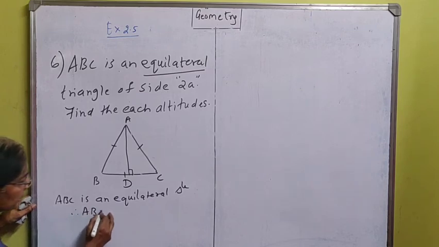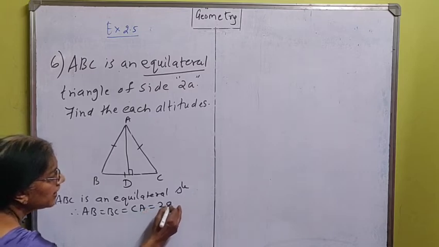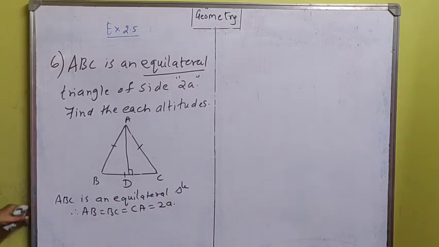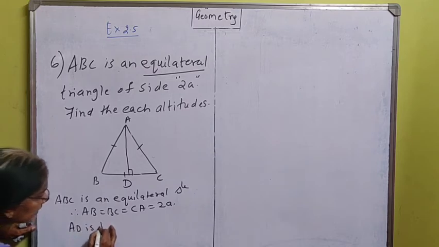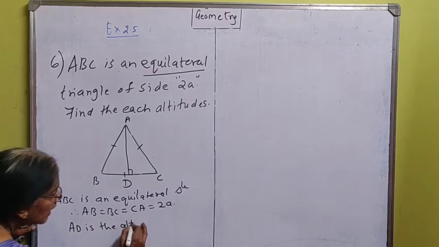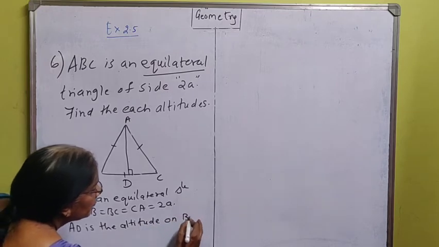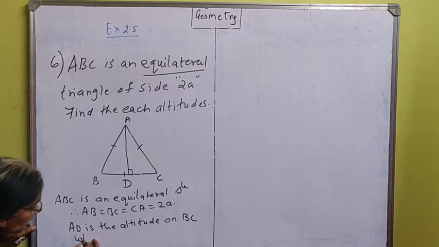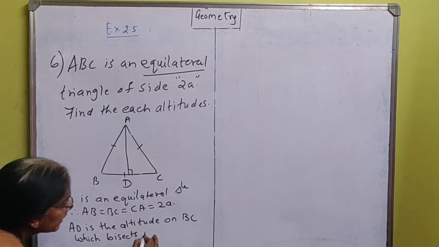Therefore, AB is equal to BC is equal to CA is equal to 2A. AD is the altitude on BC which bisects it.